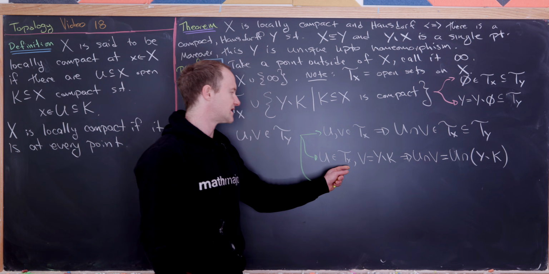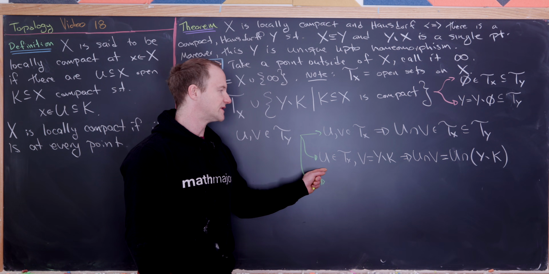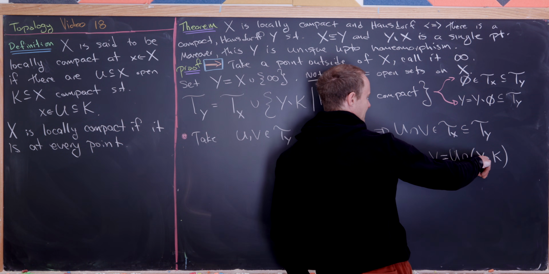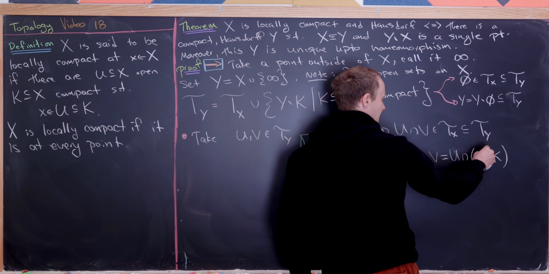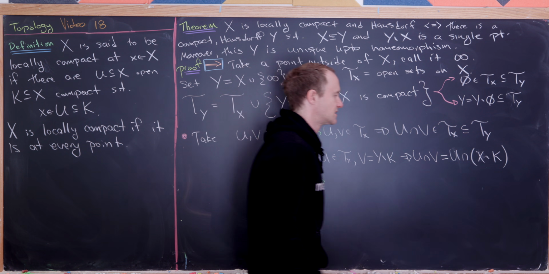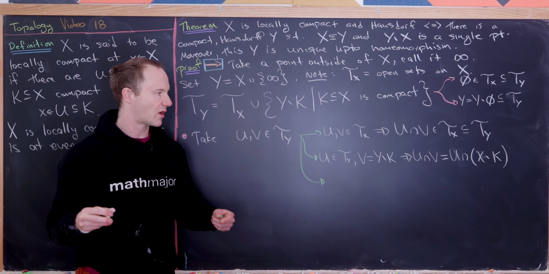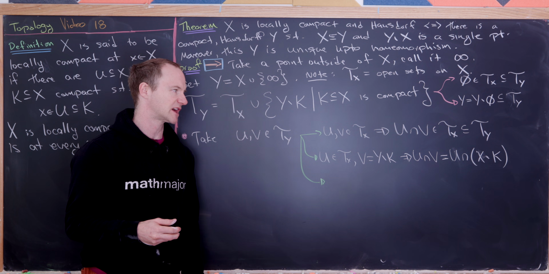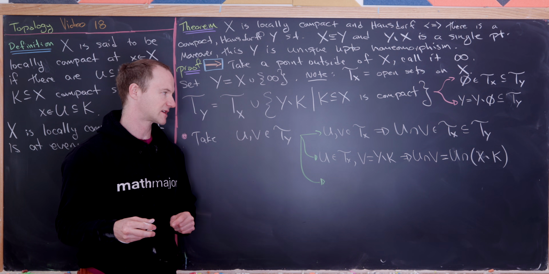Since U is in T sub X, U is a subset of X. But if U is a subset of X, I can just go ahead and take this Y right here and replace it with X. Because all the parts in Y that are not in X get wiped out by the intersection with an obvious subset of X.